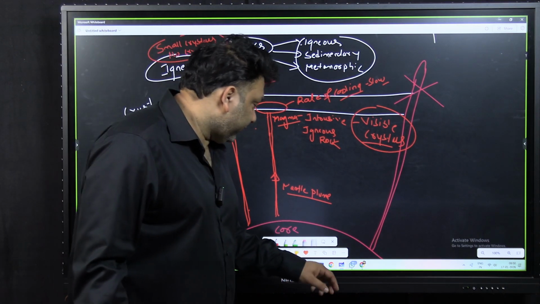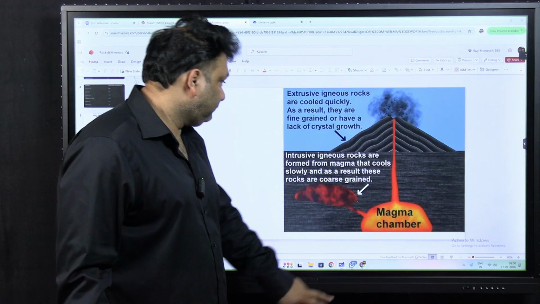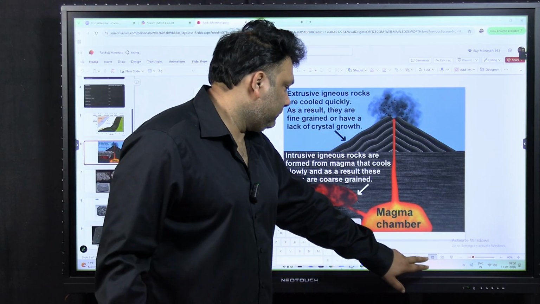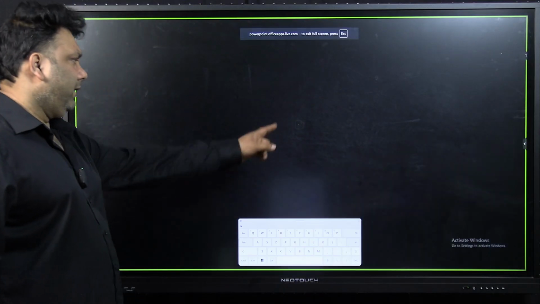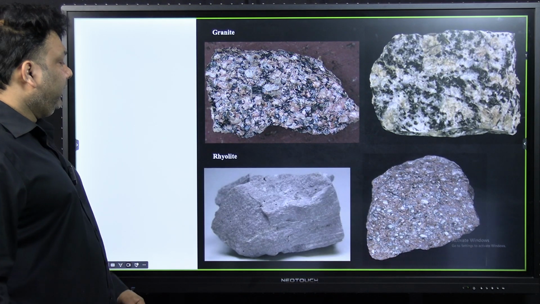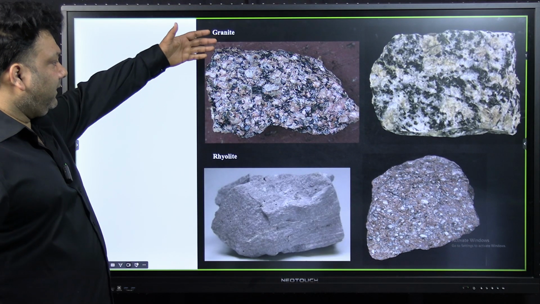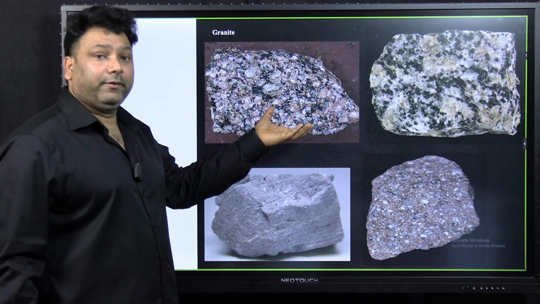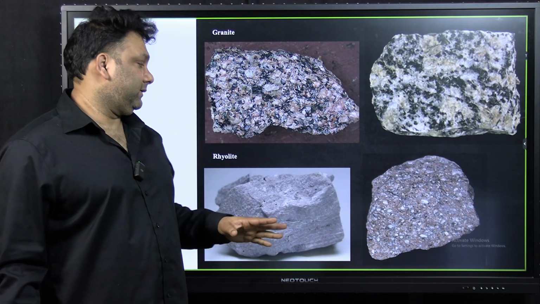Now I'll be showing you various crystals here. So there's a diagram over here of intrusive and extrusive, which I've explained. You see here, granite, this is rhyolite. So the granite is intrusive igneous rock, it has got visible crystals.